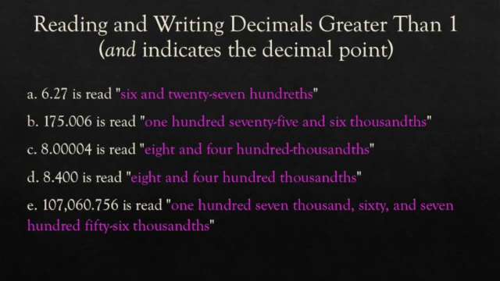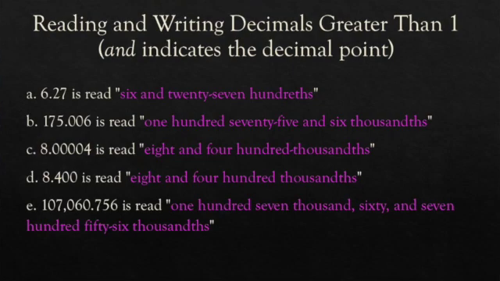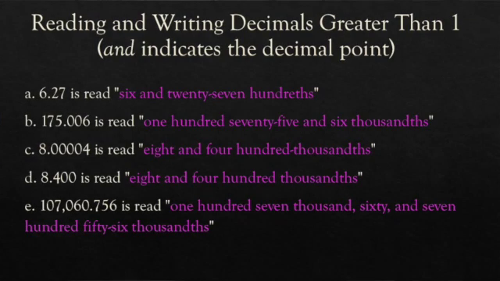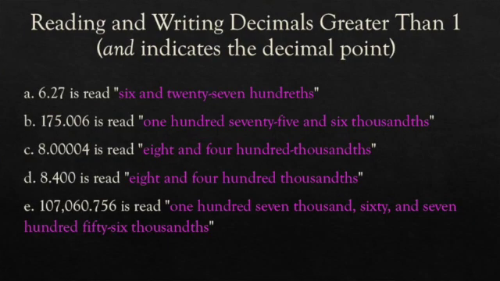Okay, if you need to refer to the chart that I showed in the previous slide, please do when it comes to answering these questions on your homework. Okay, note that there is a hyphen for 100 thousandths. There's also a hyphen for 10 thousandths.